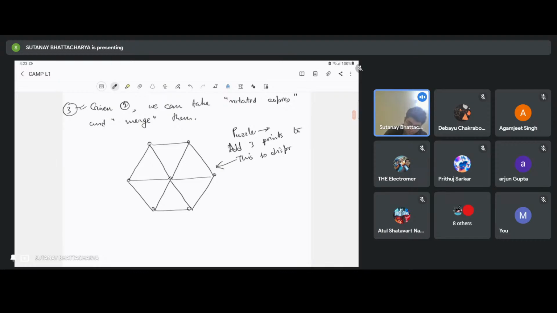To disprove chi equal to 3, just prove chi is greater than or equal to 4, I guess. So what you want is to add 3 points in this diagram so that the resulting diagram cannot be colored with 3 colors. I'll let you think about this for a few minutes.